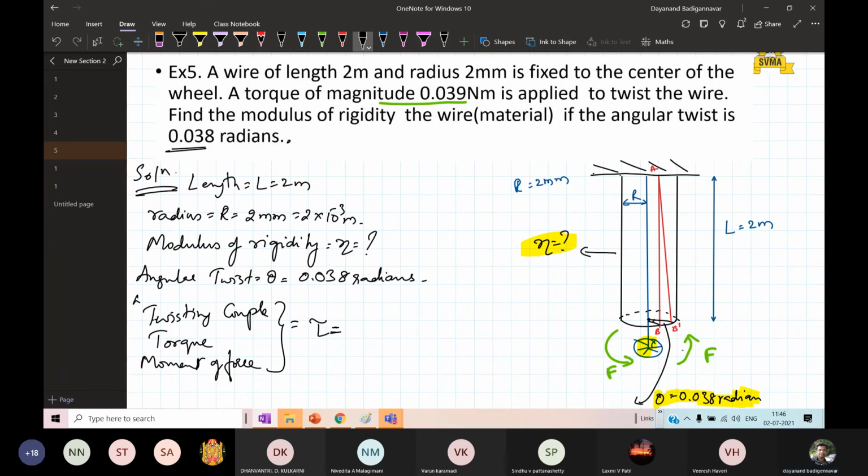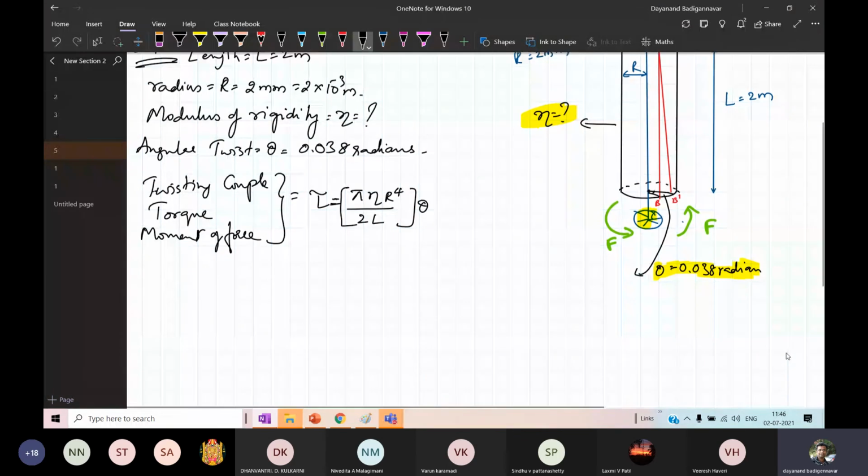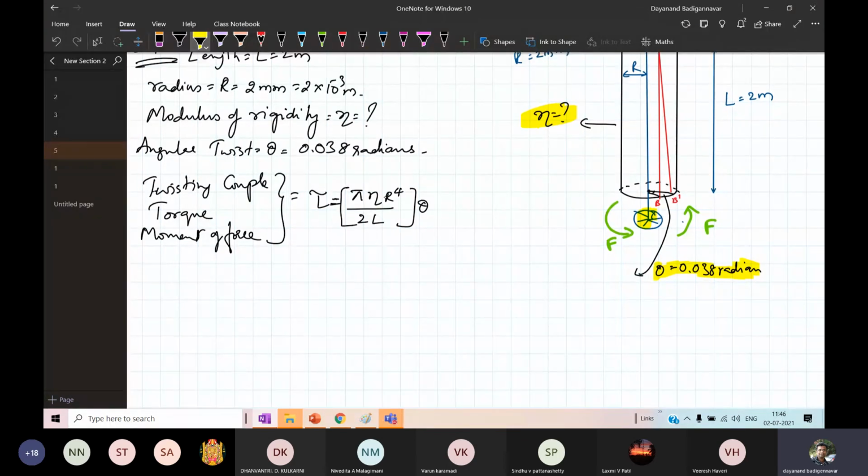Therefore tau is equal to, what is the formula? Pi eta r raised to 4 divided by 2L, into theta. So rearrange it for eta. That's all, I want this eta. Rearrange it and get the answer.